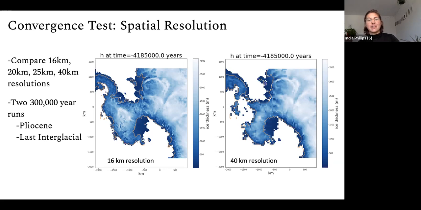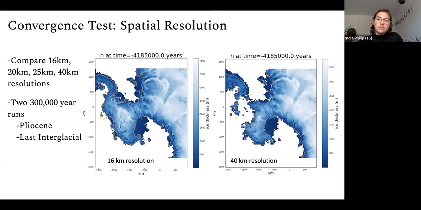A lot of times models will run at something like 40 kilometers, especially with this one, which is designed to run over long time scales and continental scale in order to be able to run in a week or something.